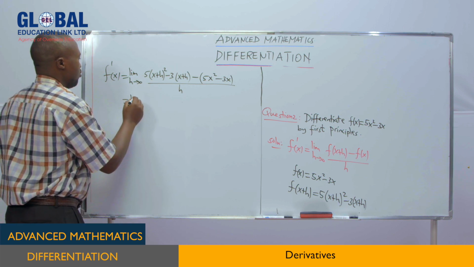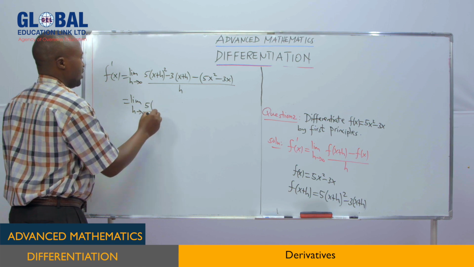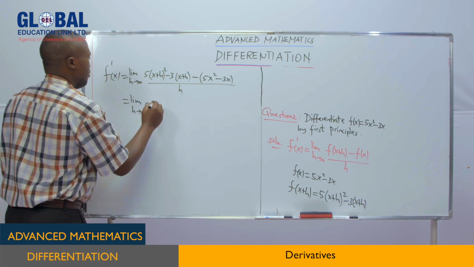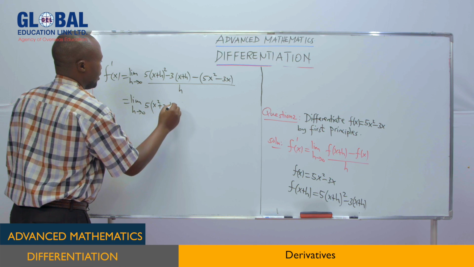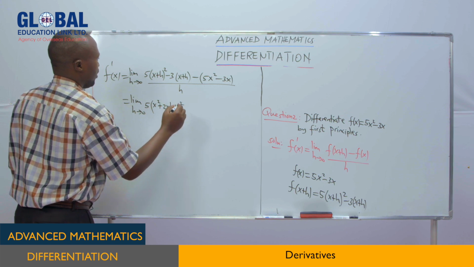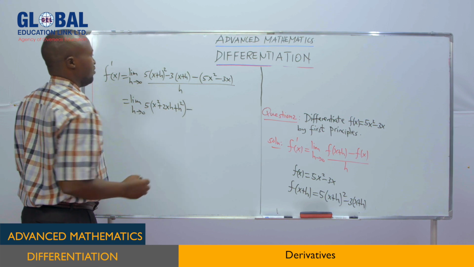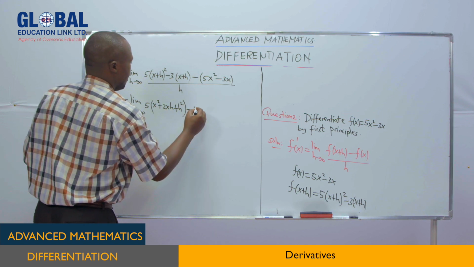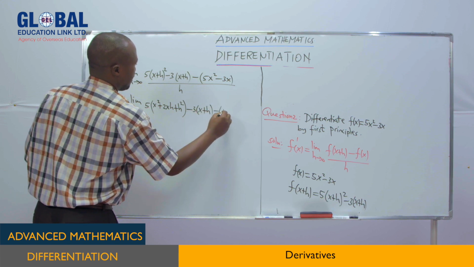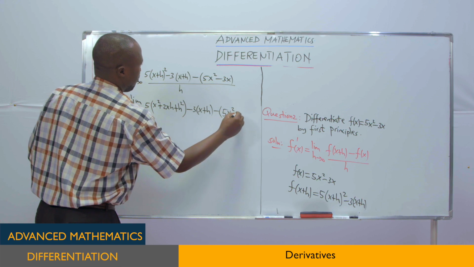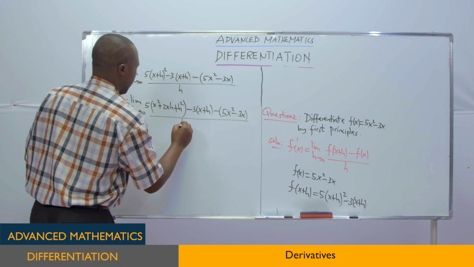We have the limit of, as h approaches 0, 5 bracket of x squared plus 2xh plus h squared, then minus 3 bracket of x plus h, then minus again bracket 5x squared minus 3x, this one over h.